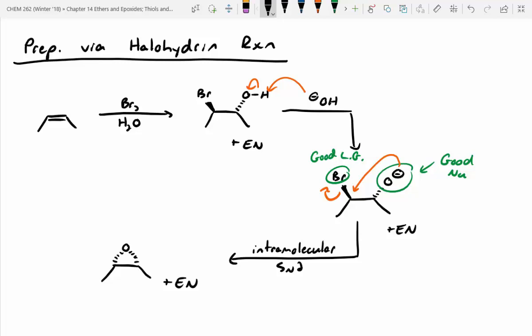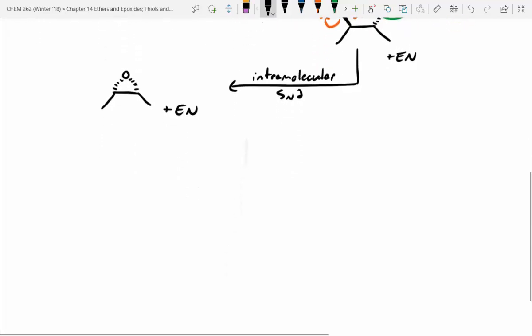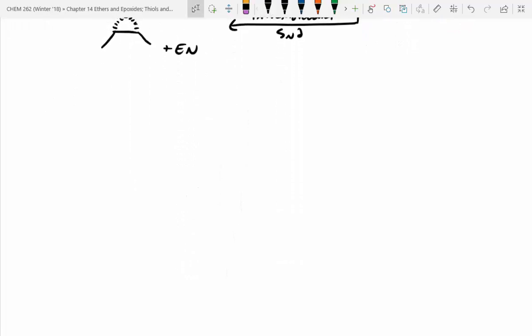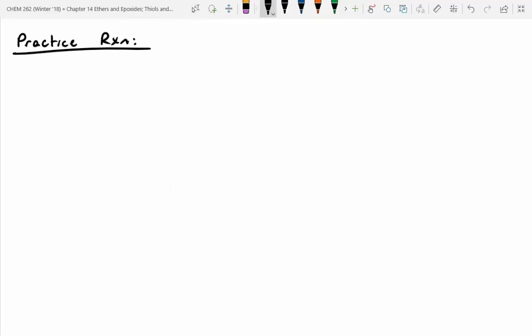All right, so let's take a look at some of these reactions. And in particular, I want to focus on stereochemistry. Okay, so let's say I've got this compound, and I treat it with MCPBA.